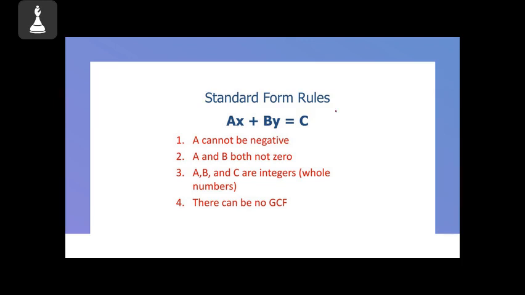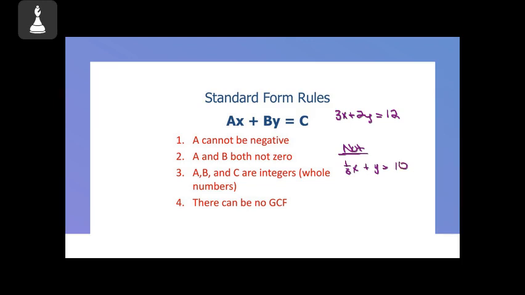An example would be 3x plus 2y equals 12. 3 is a positive. They are all different numbers, and they cannot all be divided by anything. They do not have anything in common. Okay? Something that is not: I cannot have 1/3 x plus y equals 10.